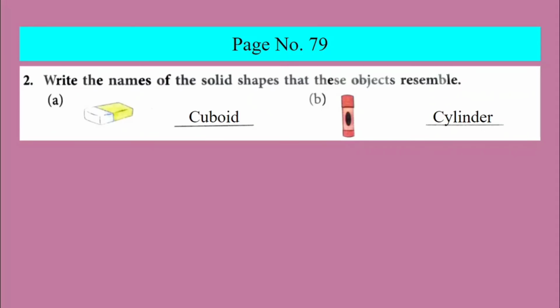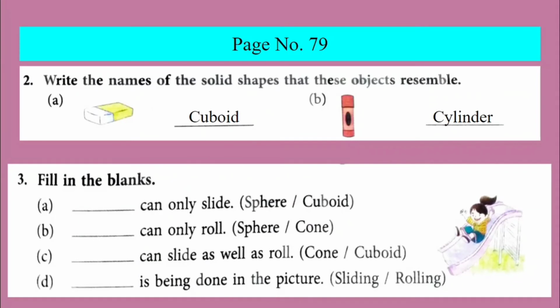So children, let's do question number 3. Fill in the blanks. A part. Dash can only slide. Sphere or a cuboid. So children, which one of the two can only slide, a sphere or a cuboid?